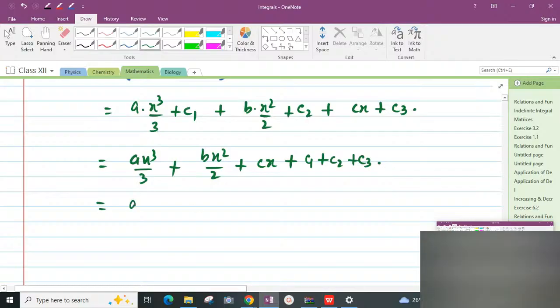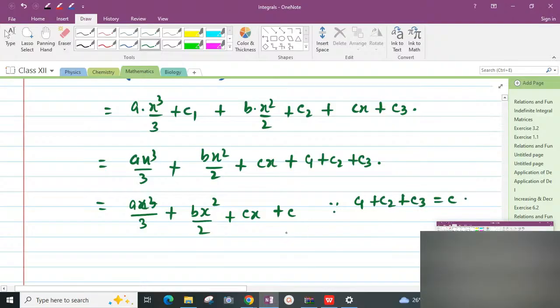And at last we write down ax cube by 3 plus bx square by 2 plus cx plus c. Here we write c1 plus c2 plus c3 equal to c. So this is the answer.